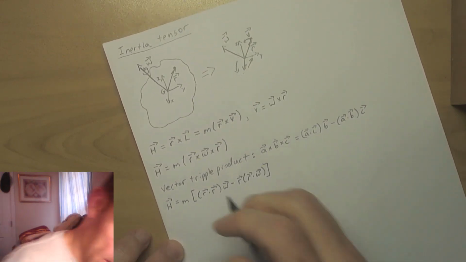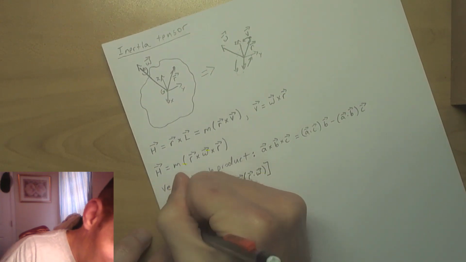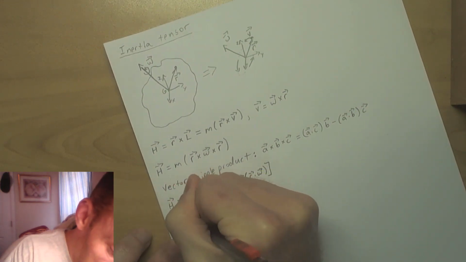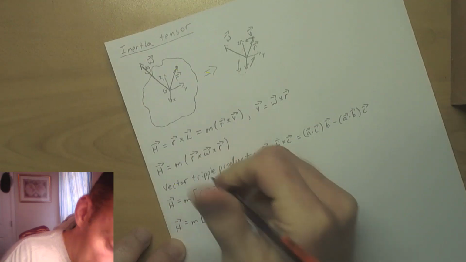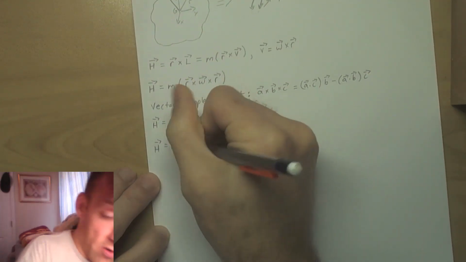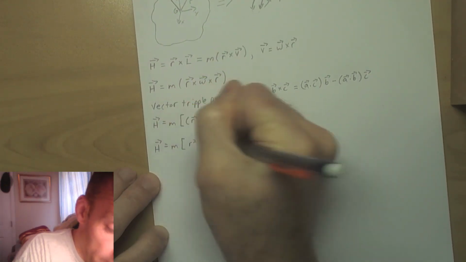So we can expand this out. We can take these dot products. So r dot r is just the magnitude of r squared, right?